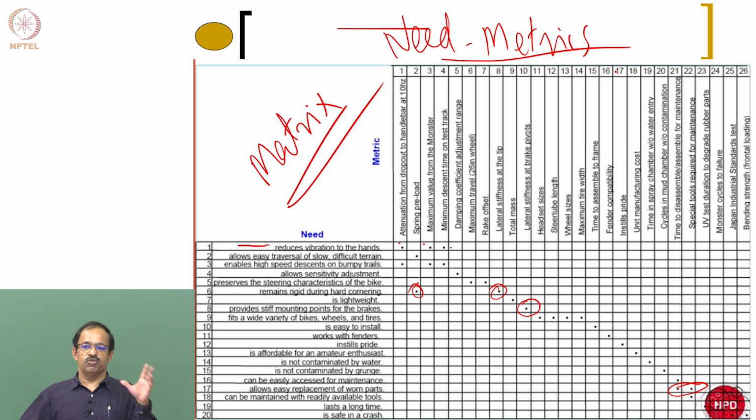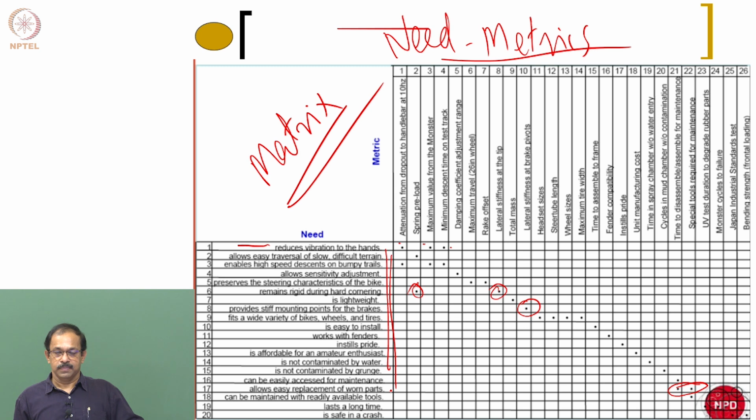So you should always choose a metric which satisfies all these conditions, and subjective metrics also can be used. Then prepare the mapping of need and metric, and make sure that every need has at least how many metrics? At least one metric. There should be at least one metric for every customer need.